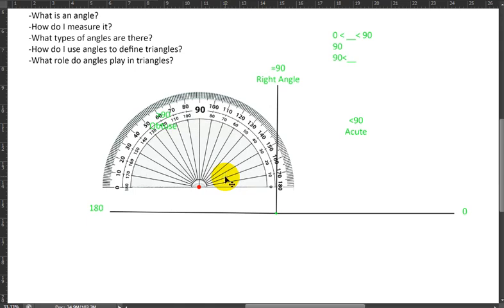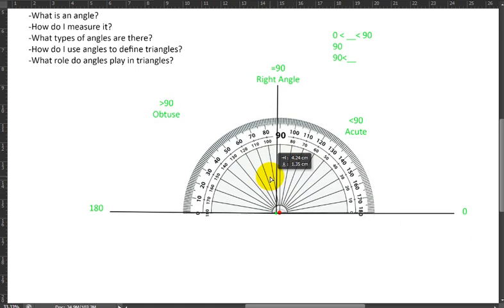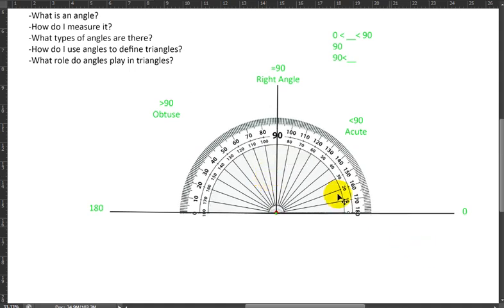So take the protractor, place it here. If I wanted to find the angle between this line and this line, you can see that it reaches 90 exactly.